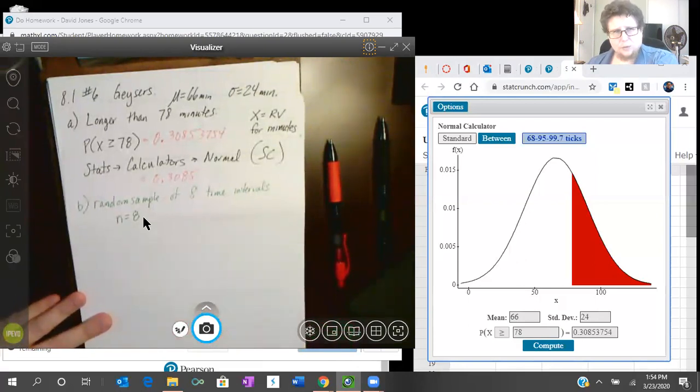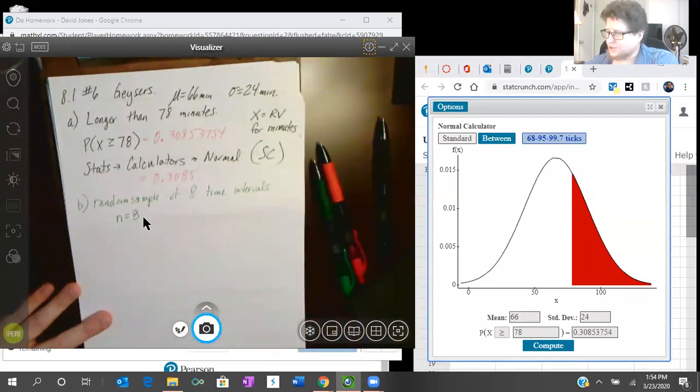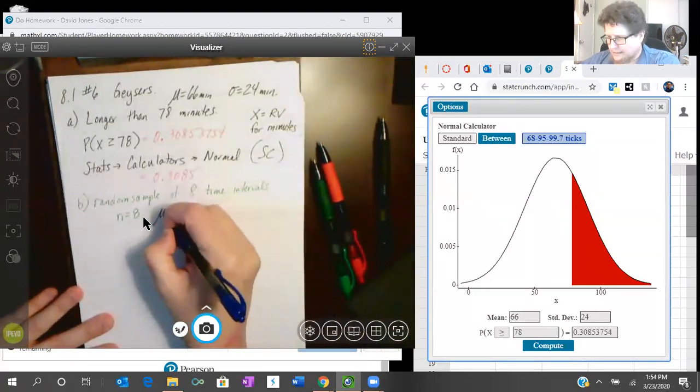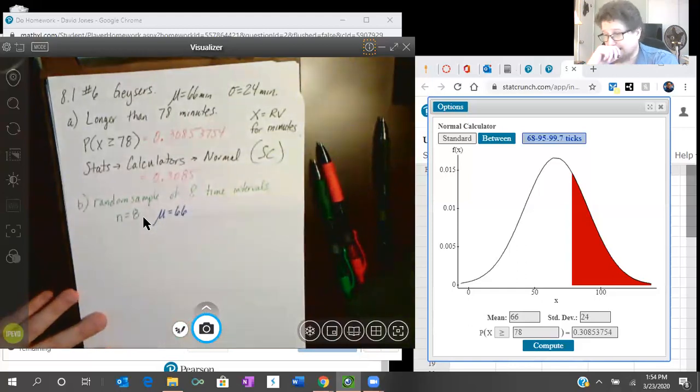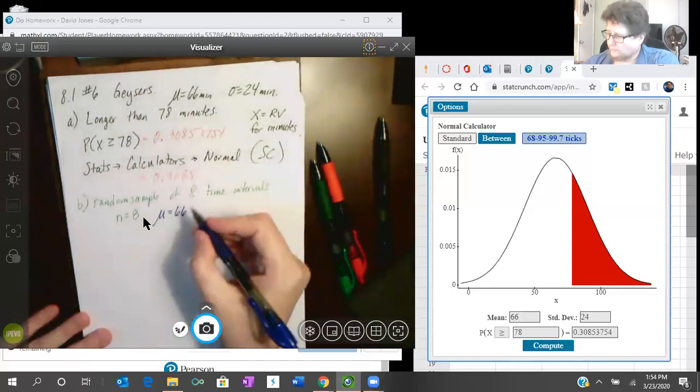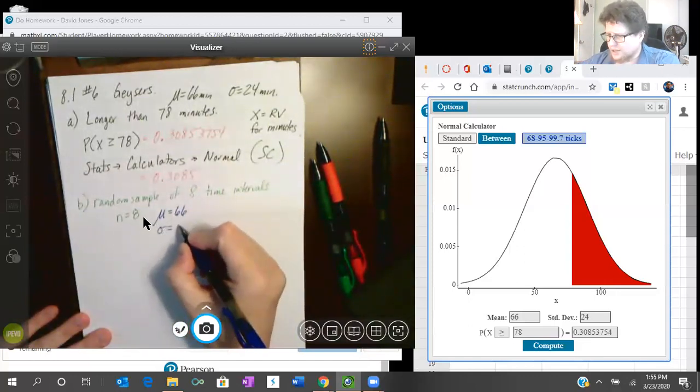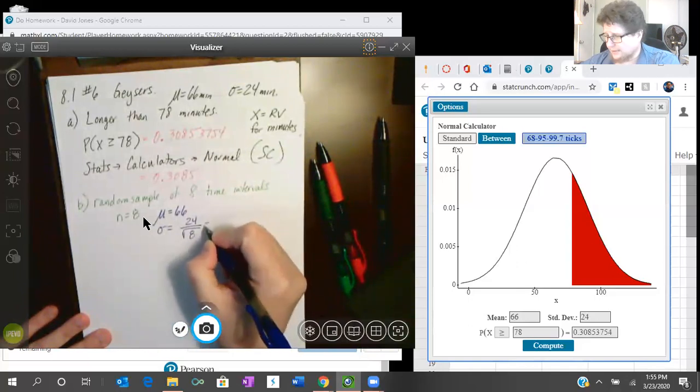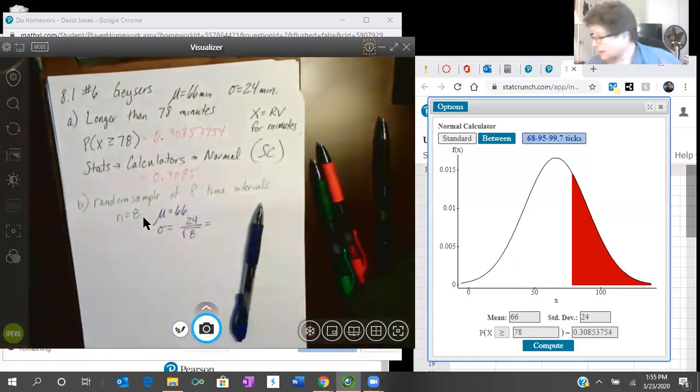What's our mean and what's our standard deviation? The mean doesn't change. The mean is still 66. Standard deviation is 24 divided by the square root of 8. You just have to put that in a calculator. Where'd my calculator go?